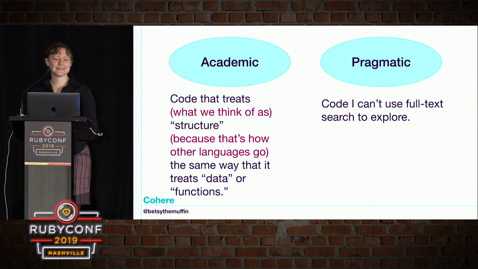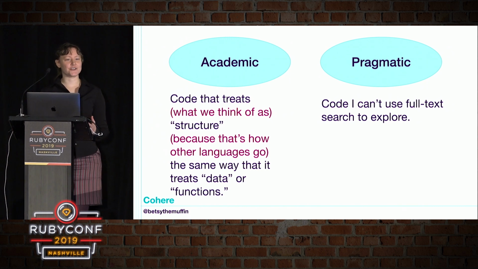So in Ruby, the best academic-sounding definition of metaprogramming that I can come up with is code that modifies the thing that we would call program structure if we were using another language, just like it modifies the data passing through the program. Now, this definition is a lot more compatible with the pragmatic definition that all of us actually use when we're thinking, oh God, Ruby magic.